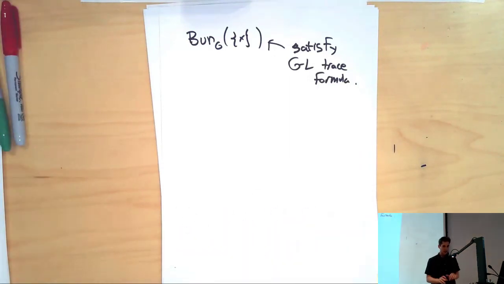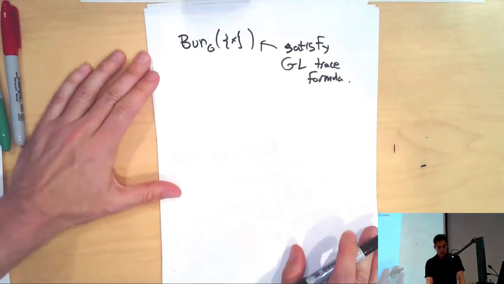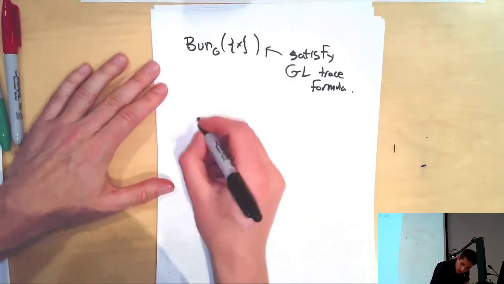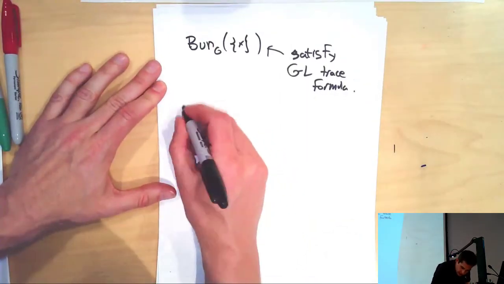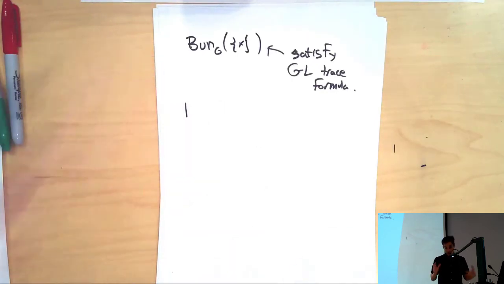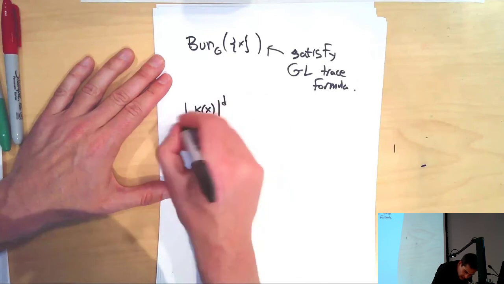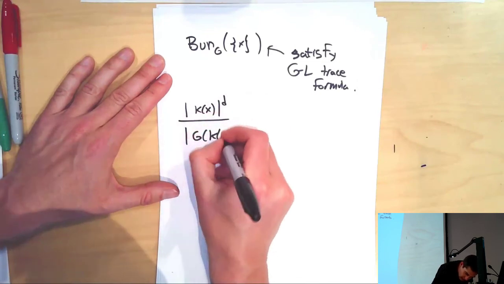It's essentially equivalent to a formula of Steinberg for the size of a finite group of Lie type. So what does this tell you? Well, it tells you that this expression that appears here on the left-hand side, the number of F_q-valued points divided by q to the dimension, that I said is the size of kappa x to the d divided by the size of G of kappa x.